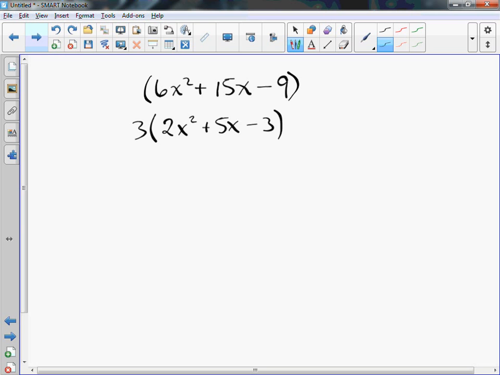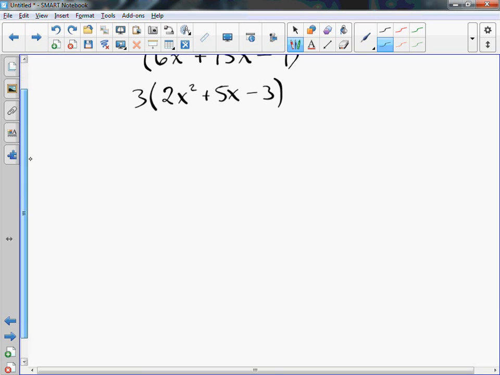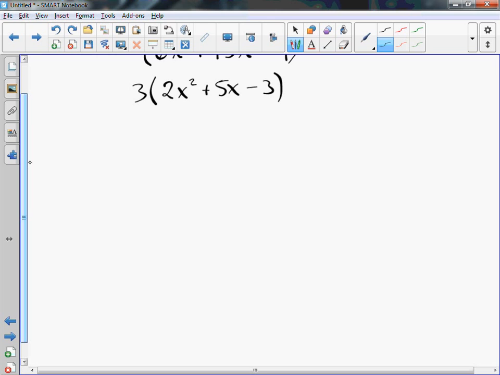Now we have to leave this 3 on the outside, so we can't just drop it and get rid of it. So anything I do from here on out, I have to carry that 3 along that's on the outside of this parentheses. Now I'm looking for factors of, oh my, almost the same situation here.